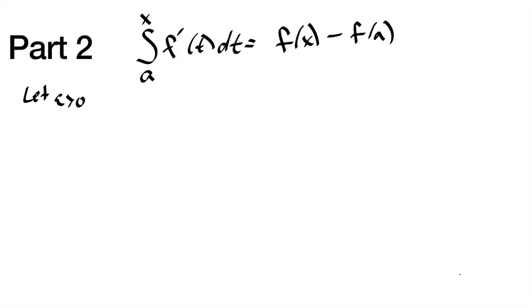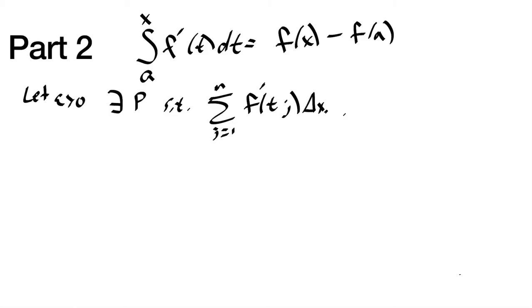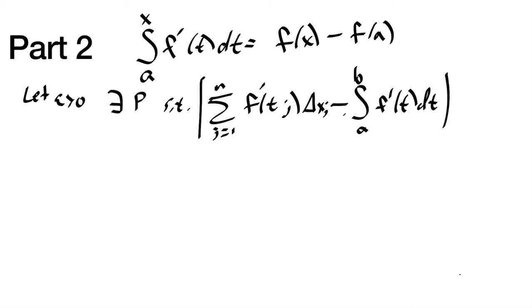The first thing we're going to do, as always, is let epsilon be greater than 0. Then because f prime is integrable, we know that there exists some partition P such that the sum as j goes from 1 to n of f prime of tj delta xj minus the integral from a to b of f prime of t dt is less than epsilon.